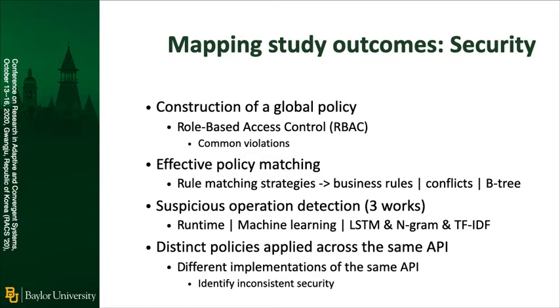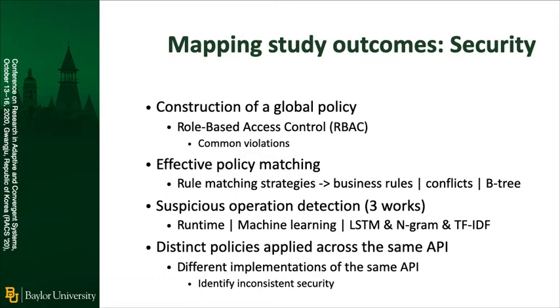So this particular related work was dealing with identifying conflicts quickly, and it used B3, which is used in databases in order to quickly recognize that some policy is not matching, some rule is inconsistent. So again, we identified literature that could be very helpful when someone is looking in that particular direction. And why did we classify this under security? Because in particular, they were looking for some security constraints.